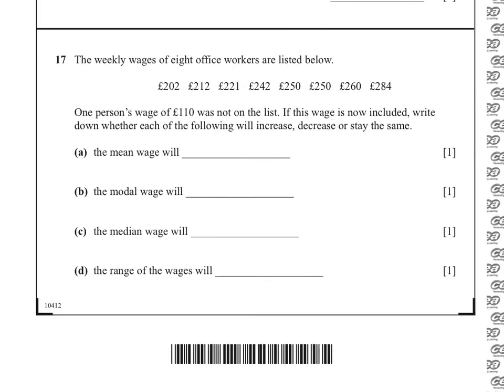If we add in a new lower wage, then the mean will decrease. The modal will stay the same because no one else has 110. The median will change, and if we write this in, the median was in the middle.